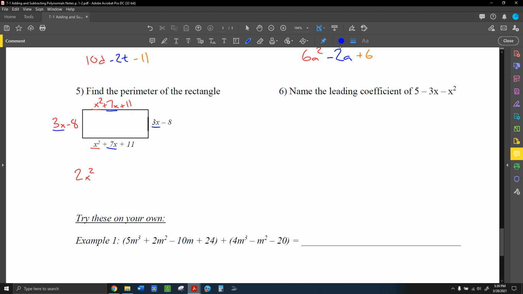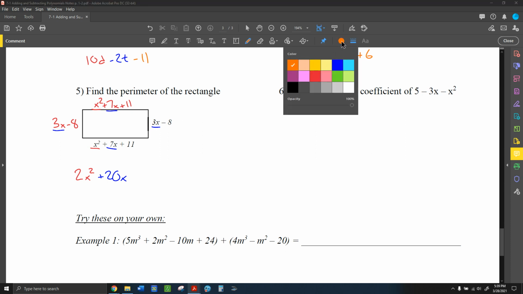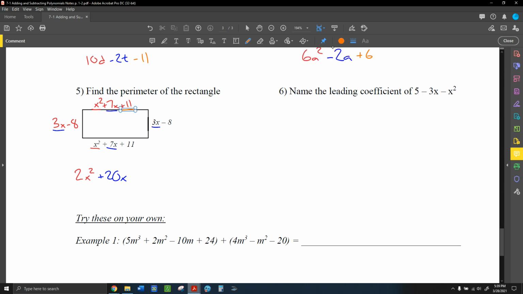So 7 and 3 gives us 20, so plus 20x. And then let's add up our constant terms using a different color. We have a positive 11, negative 8, and negative 8. Adding those up, we get positive 6. And that's our answer.